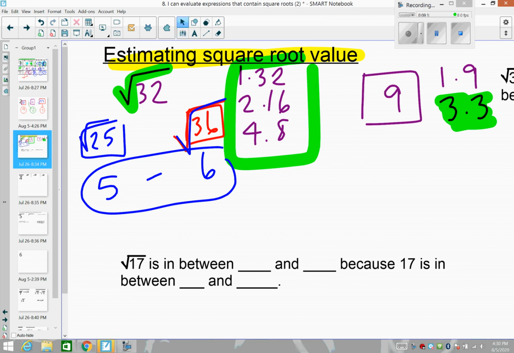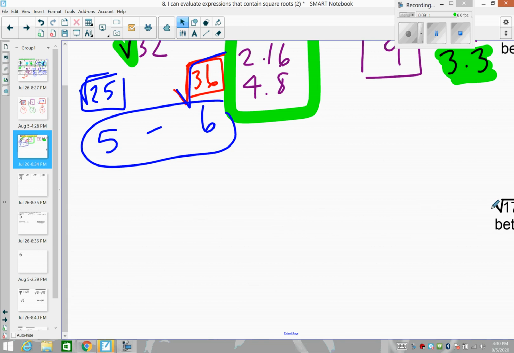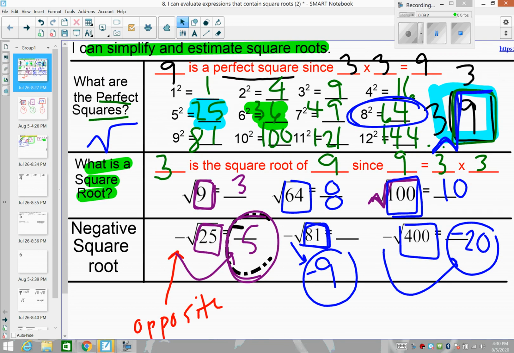So let's try that again down here with the square root of 17. So let's go take a look at our chart that we started with. The square root of 17. All right. Well, there's 16, and there's 9, and there's 25.